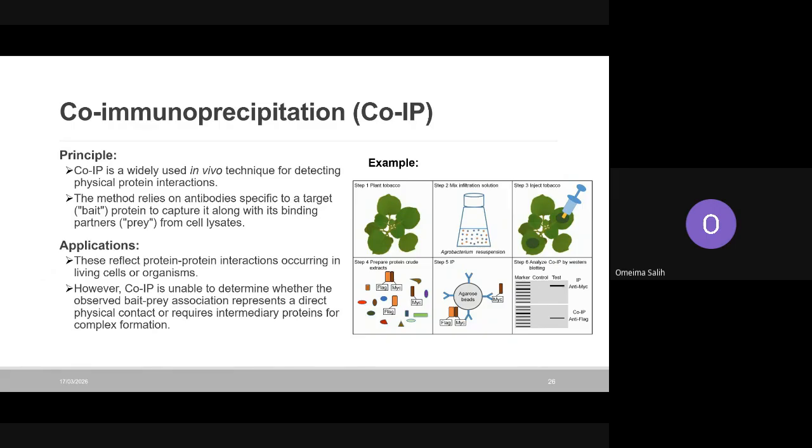The other method, which is in vivo, is the co-immunoprecipitation method. This is a widely used in vivo technique for detecting physical protein interaction. Again, the method relies on a reporter system, and it has different steps.